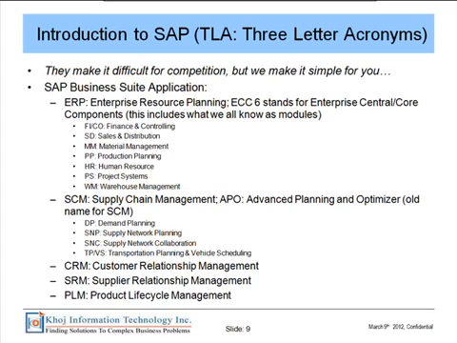CO is for controlling, SD is for sales and distribution, MM for material management, PP for production planning, HR for human resources, WM for warehouse management, PS for project system. And it also turns out that these modules are different functional areas in the product, but also different areas in which people specialize.